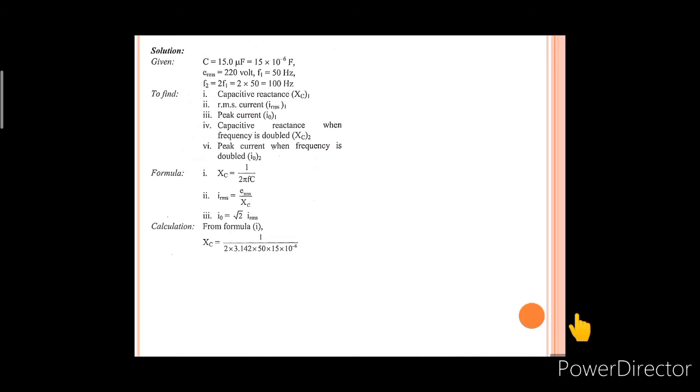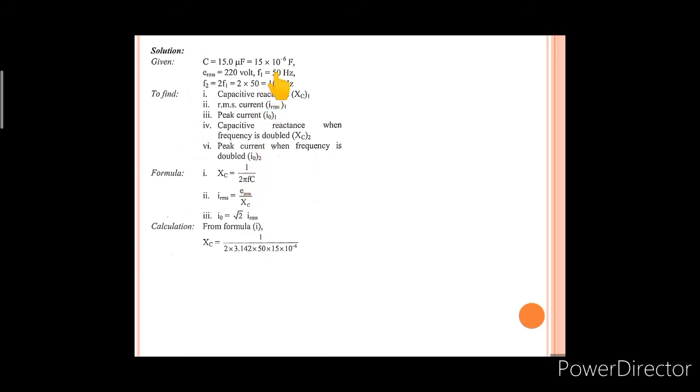Now from formula 1, that is Xc = 1/(2πfC), we have to substitute the values. The value of pi we use as 3.142.